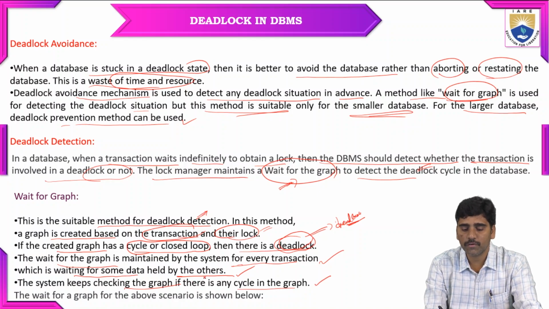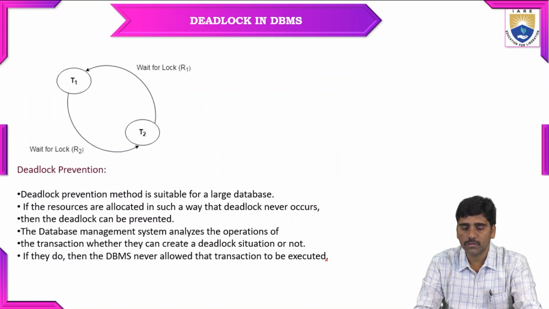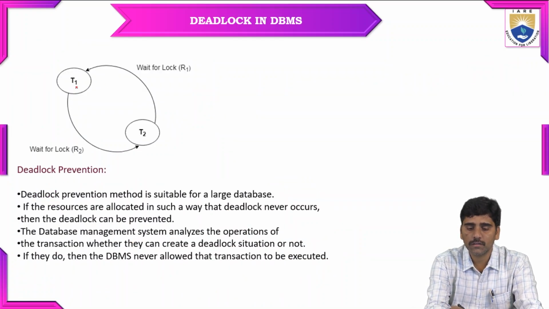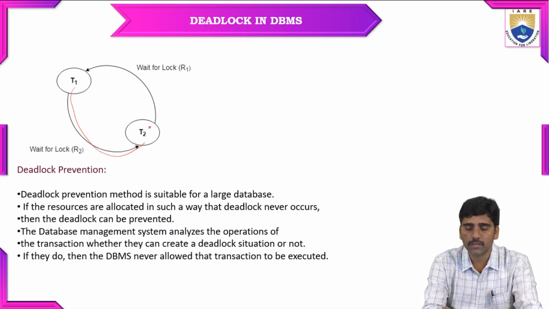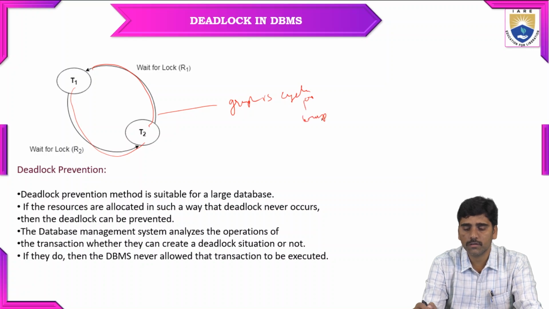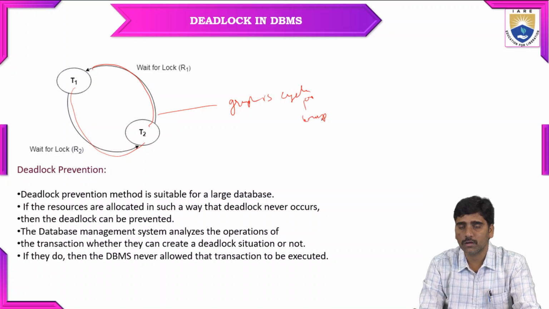The wait-for graph for the above scenario is shown below. If any graph forms a cycle or loop, then there is a chance of a deadlock situation.